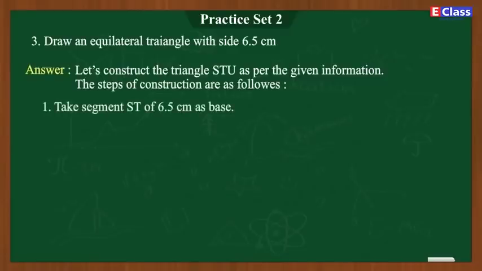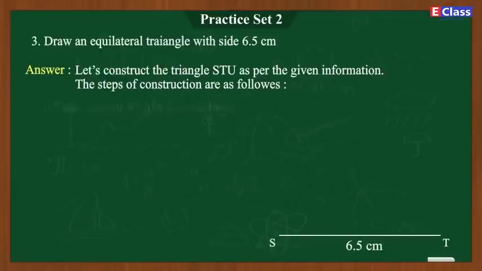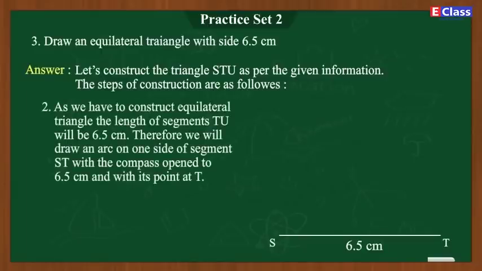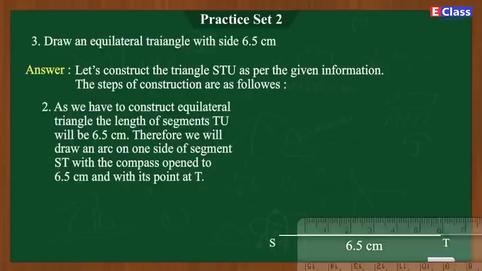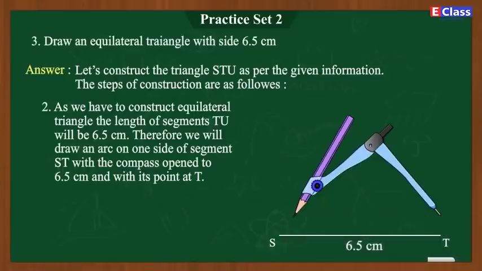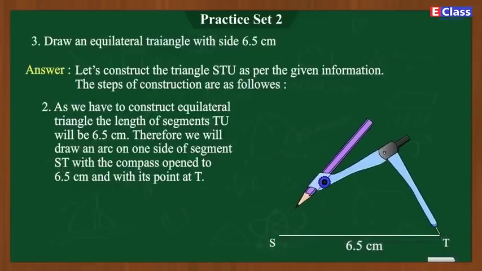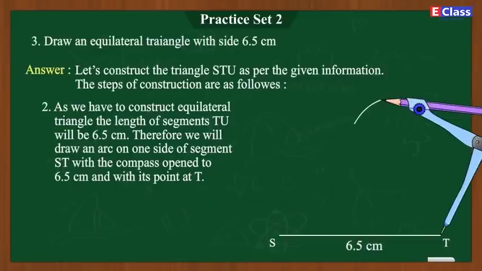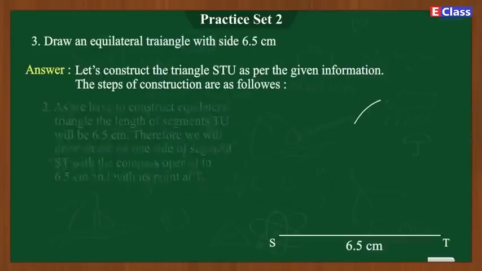1. Take segment ST of 6.5 cm as base. 2. As we have to construct equilateral triangle, the length of segments TU will be 6.5 cm. Therefore, we will draw an arc on one side of segment ST with the compass opened to 6.5 cm and with its point at T. 3.